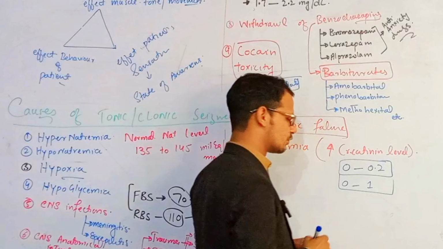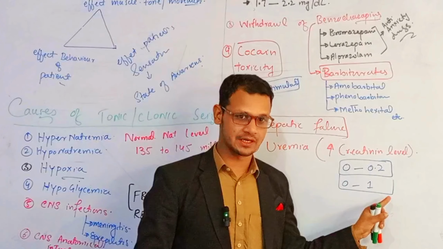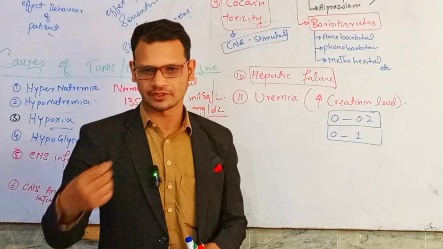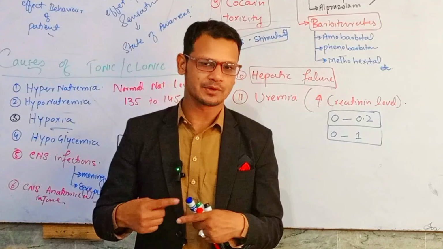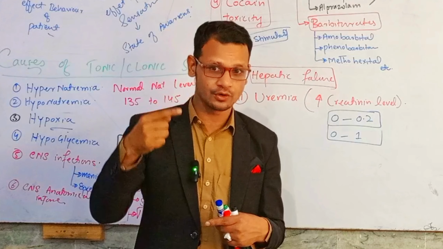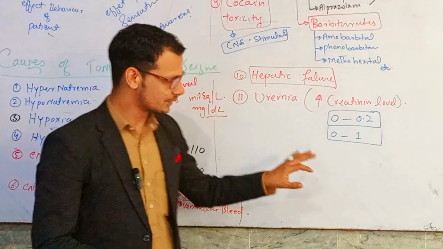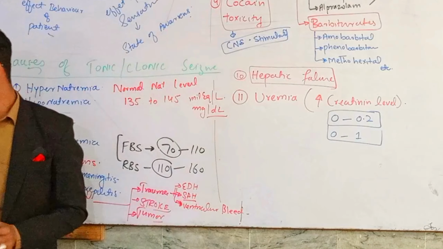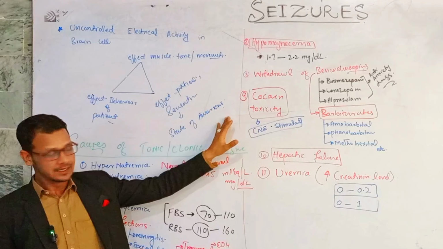Zero to 1 is normal. When your creat increases from 1 to 1.2, 1.3, 1.4, it means that your kidneys are not working properly. And when your creat crosses 4 or 5, you will be on dialysis, right? So creat also affects the brain. These are the causes of seizures, right?